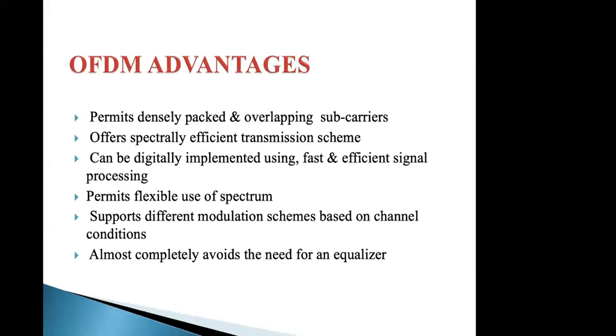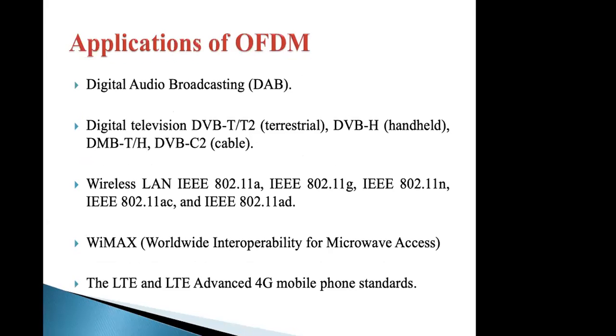We are using orthonormal subcarriers, so spectrally it is more efficient. Another important advantage is that it can be implemented digitally, which means it is a fast and efficient signal processing scheme. It also supports different modulation schemes based on the channel conditions, and we can avoid complex equalizers in this communication.